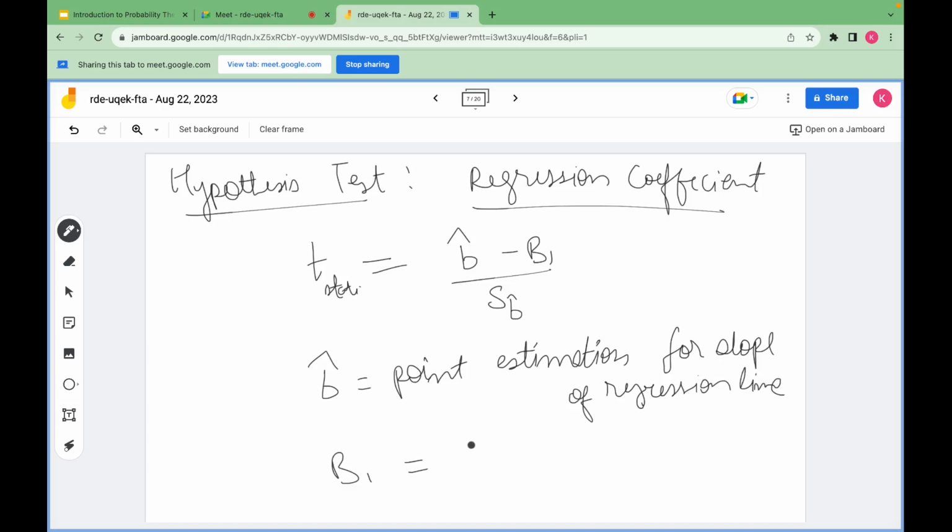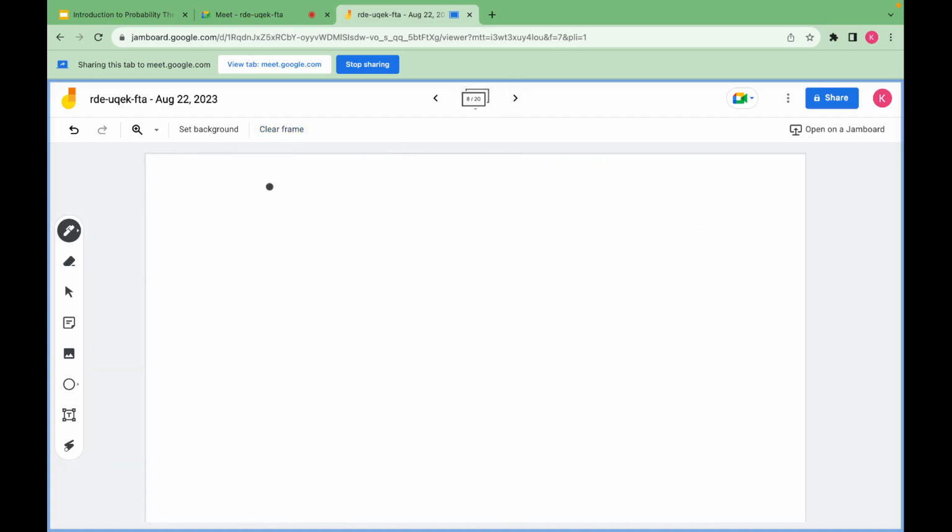This B1 is the hypothesized slope. We can take this 0, we can take it anything. We are checking whether the slope of this regression line is capital B1. This B cap is the point estimation for the slope of the regression line, and SB cap is the standard error of the slope coefficient.